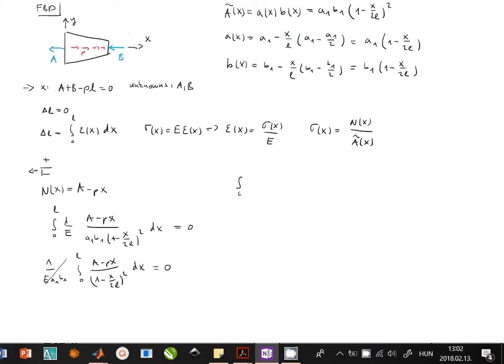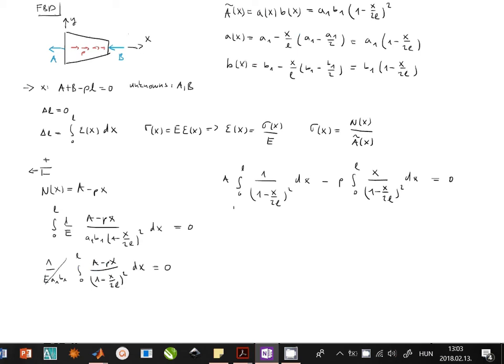So we have to integrate from 0 to L A times 1 over (1 minus x over 2L) squared dx minus P times the integral from 0 to L of x over (1 minus x over 2L) squared dx, and this will give us 0.